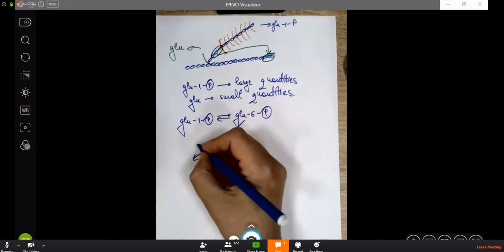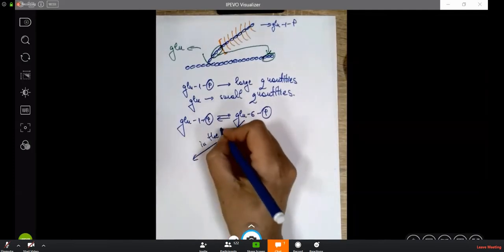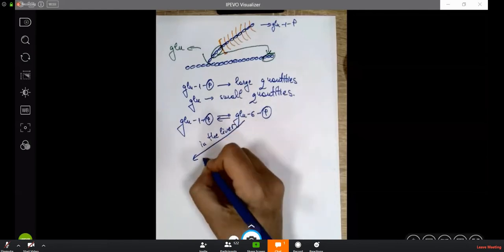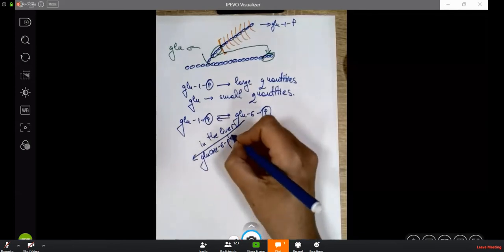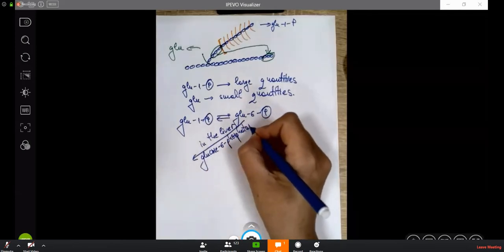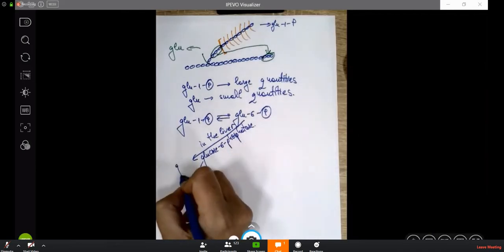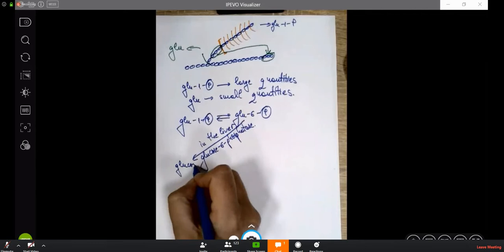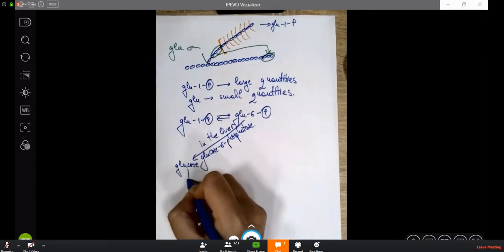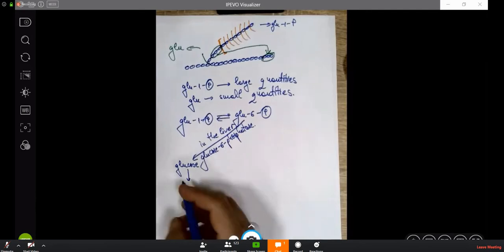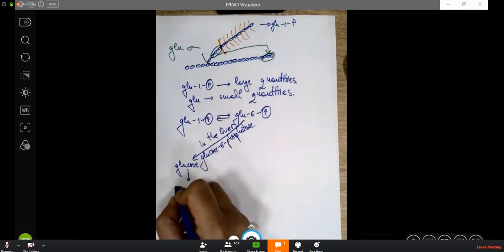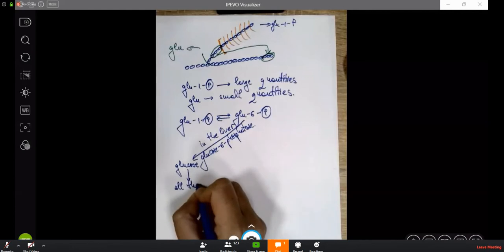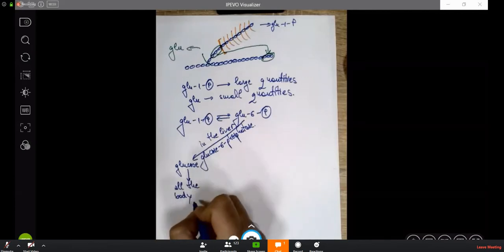In the liver, I have glucose 6-phosphatase. So I am going to obtain glucose, which is going to be sent in the systemic circulation and is going to help all the tissues in our body, especially our brain.